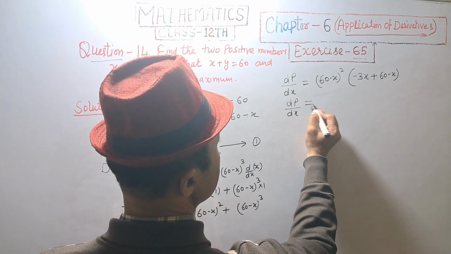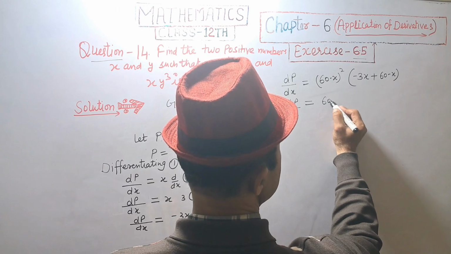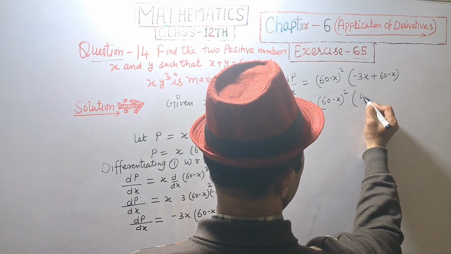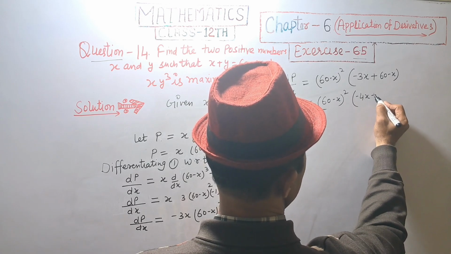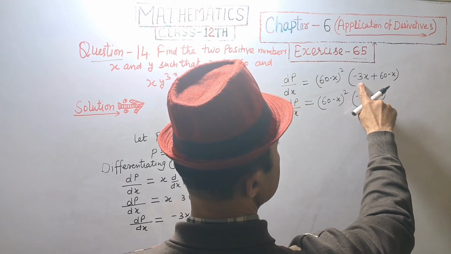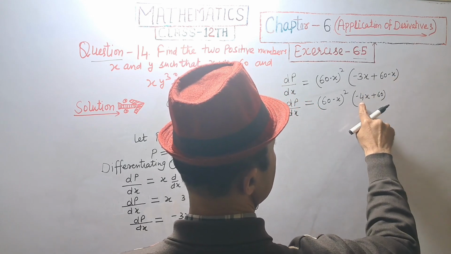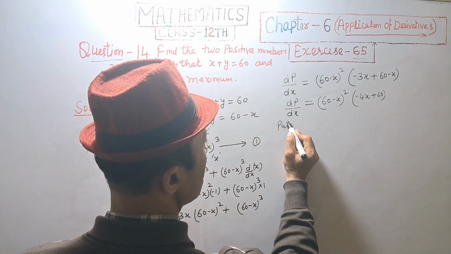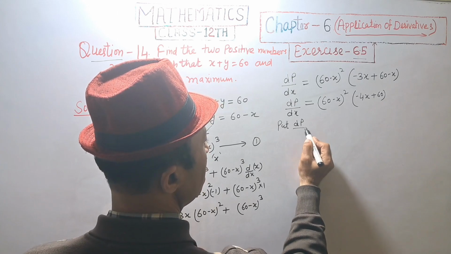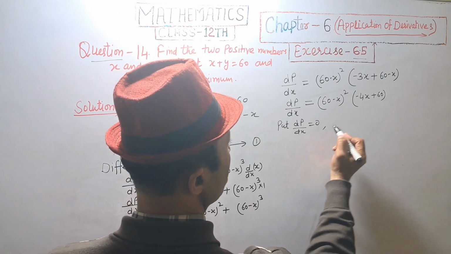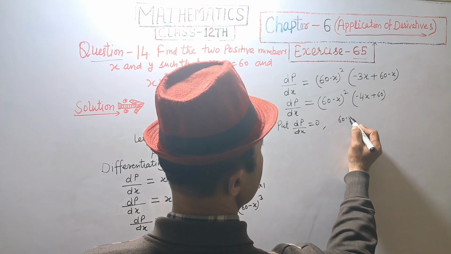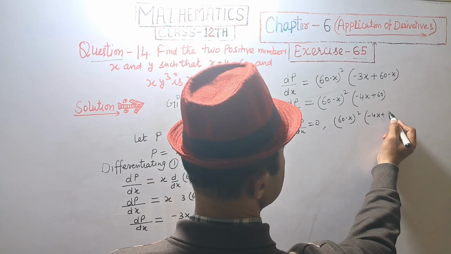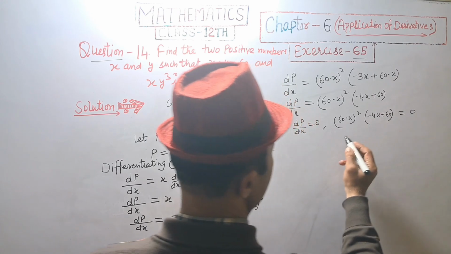dP upon dx is equal to (60 minus x) raised to power 2 into (minus 4x plus 60), since minus 3x minus x is minus 4x. Put dP upon dx equal to 0, then (60 minus x) raised to power 2 into (minus 4x plus 60) is equal to 0.